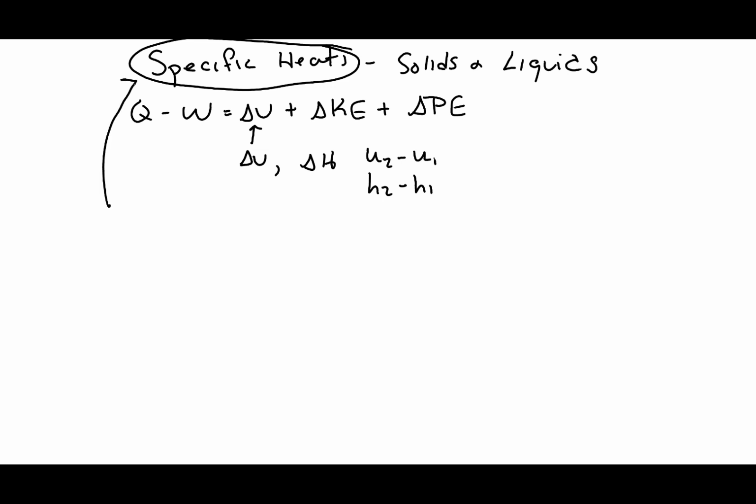And if you remember from the previous video, C sub P and C sub V can be used for any process. So we've already looked at how to use these if you have an ideal gas.